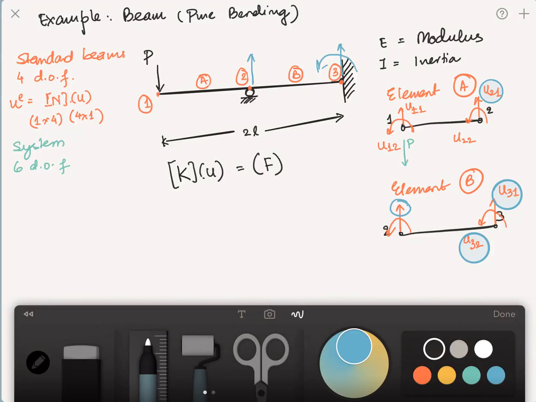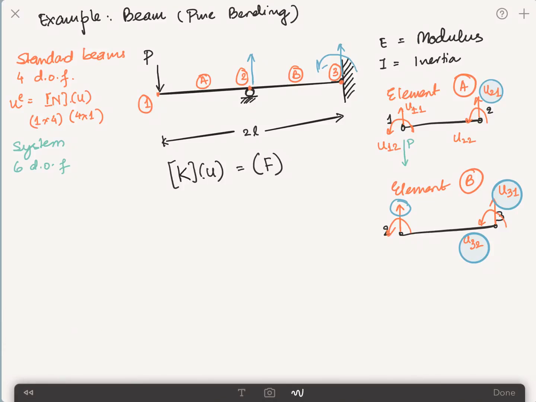So as a building block, we already have the description of a simple beam element, right? Just for memory's sake, I can write K for a single element as EI by L cubed, 12, 6L, minus 12, 6L, because L is also the length, coincidentally, of each of the elements if the total length is given as 2L.